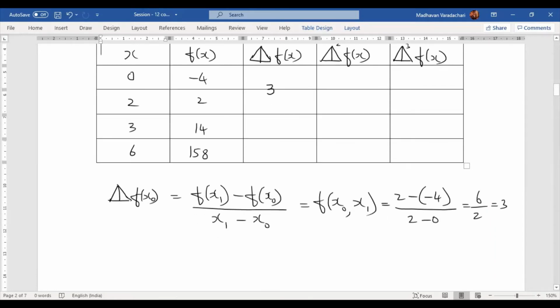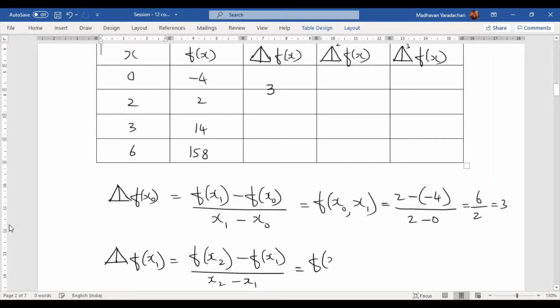Then the next one, that is divided delta, second value is f of x2 minus f of x1 divided by x2 minus x1, means it is written also as f of x1, x2.